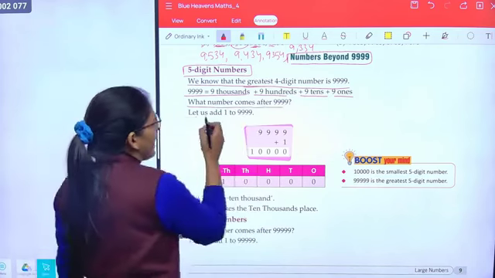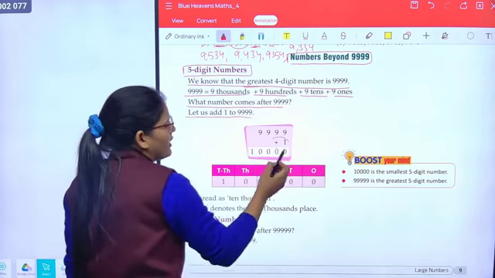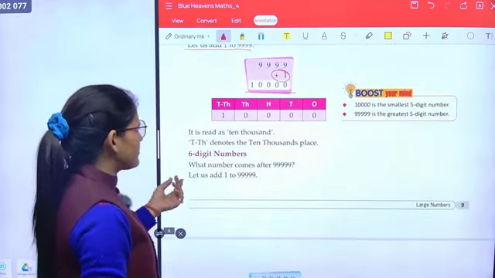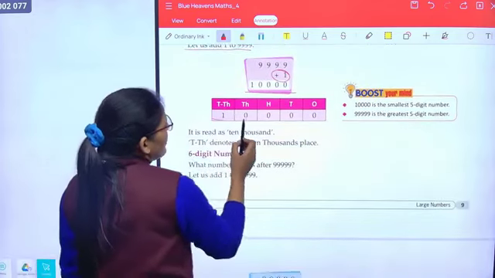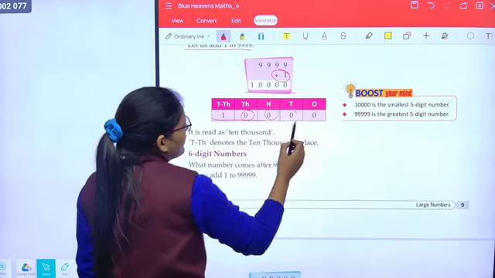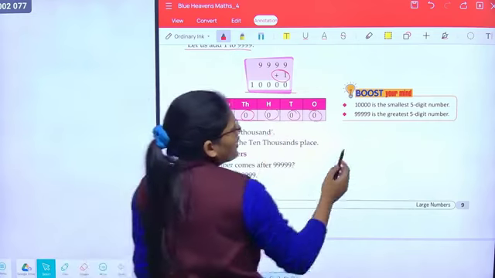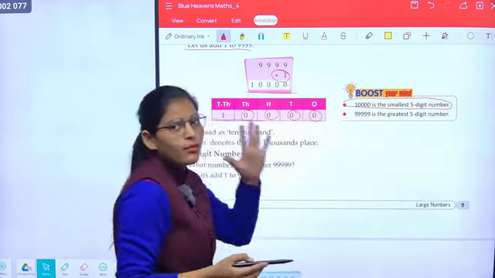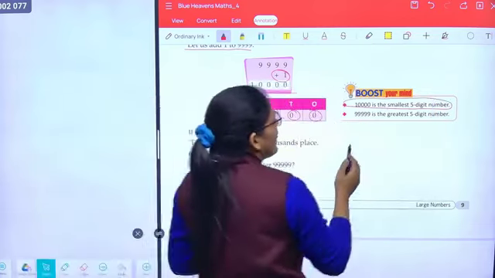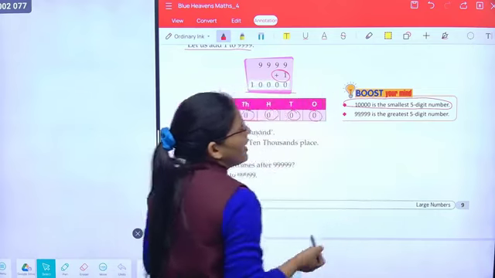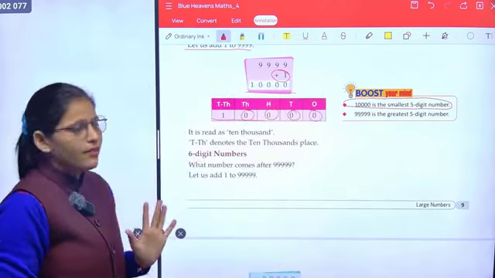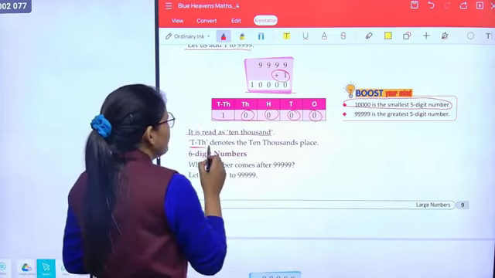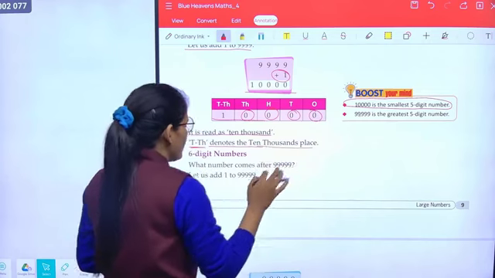So let us add 1. So it will become 10,000. We will write it like this, 4 zeros. Okay. 10,000 is the smallest 5-digit number, and 99,999 is the greatest 5-digit number. It is read as ten thousand. T denotes the ten-thousands place.